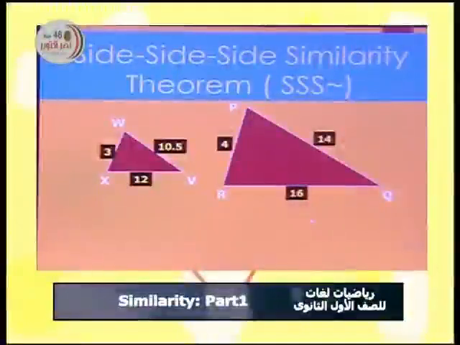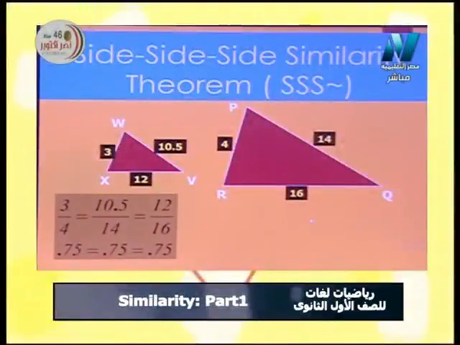q equals 16. Let's see when we divide each length of side by its corresponding one. We have here the smallest side 3, we put it here, and this one is 4, 3 over 4. Is it equal to 10.5 over 14?